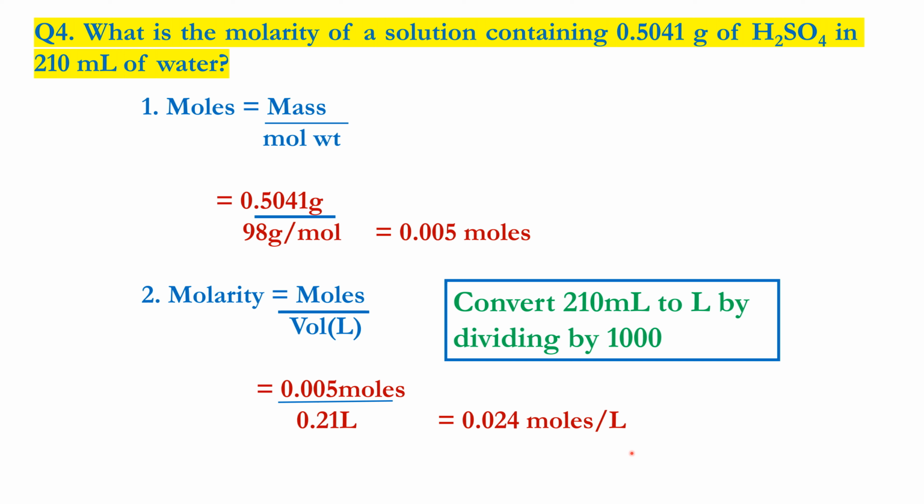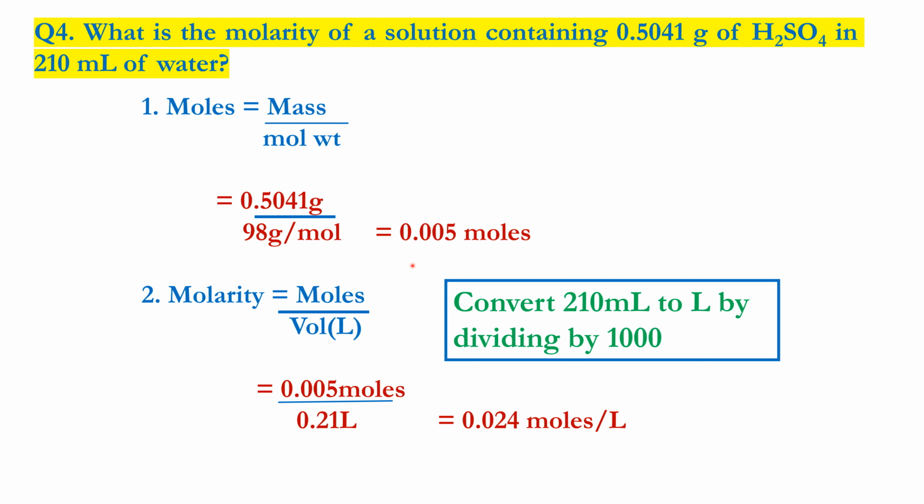So this is how to calculate molarity when you are given the mass. First of all, you need to calculate moles, because if you do not calculate moles, you will not be able to calculate the molarity, because molarity is equal to moles divided by volume. That is the reason why you need to calculate moles first.